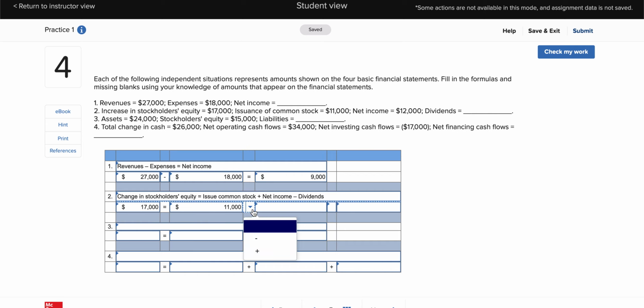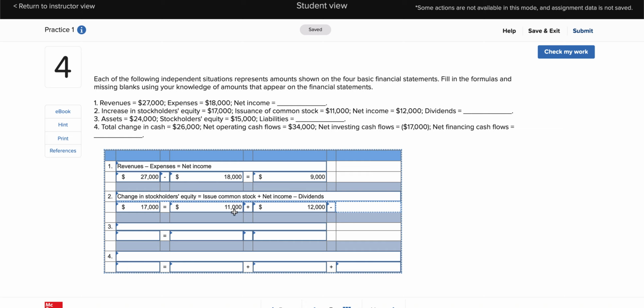And this is plus my net income. Net income is $12,000. And this is minus dividends. And dividends are, and this is what we have to figure out. So I know that the $17,000 is my total, it's on the left side of the equal sign. This other side of the equal sign has to also equal 17,000.